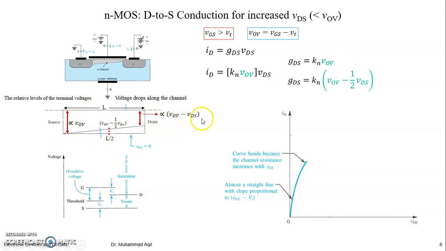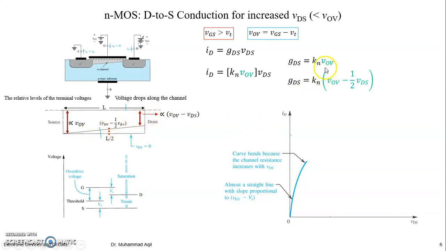But now VOV minus VDS is the channel depth at the drain end, which directly affects the conductance. So what should I take? We can take the middle of these values, and the middle of this and this is VOV minus half VDS, at the middle of the channel. If the channel length is L, then L by 2 is the middle, where we use the midpoint formula between these two values.